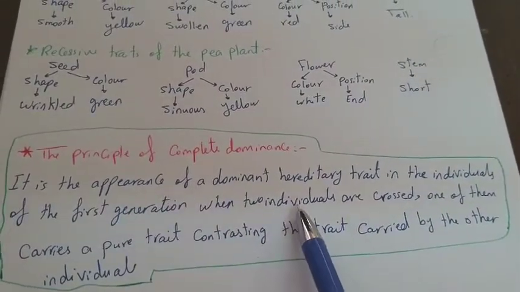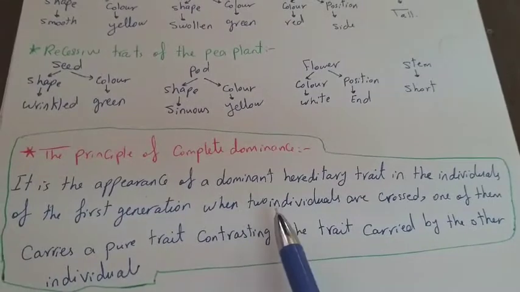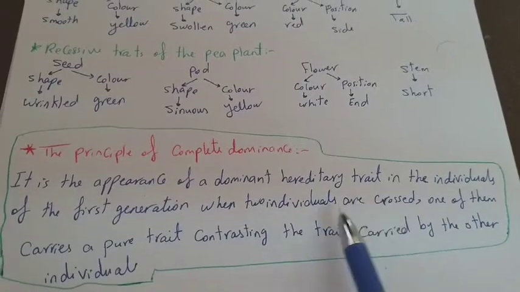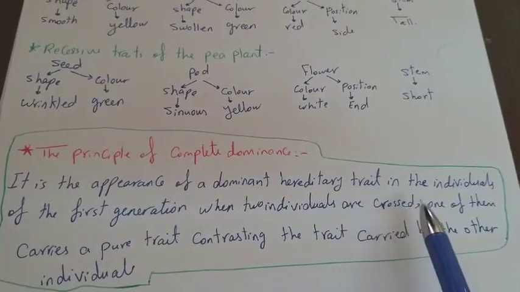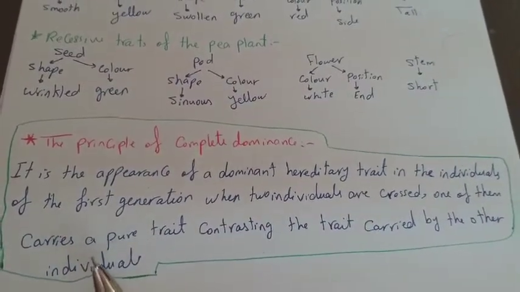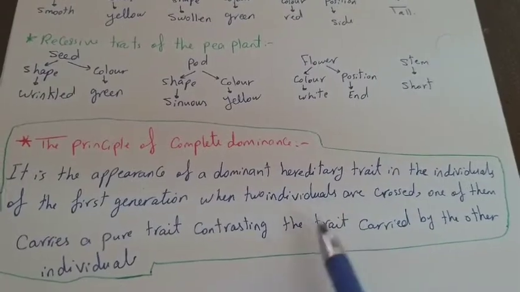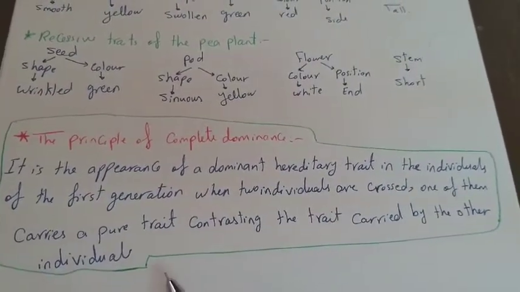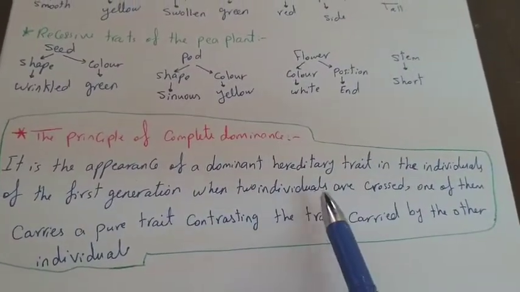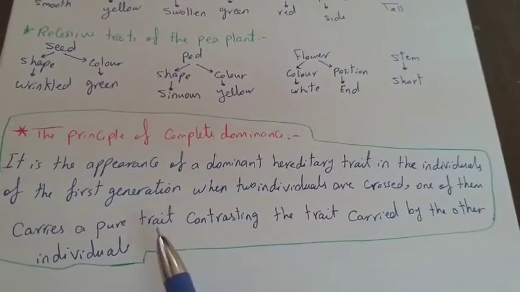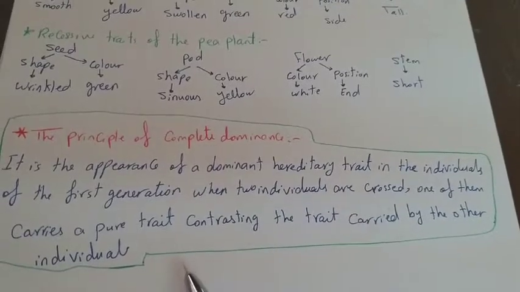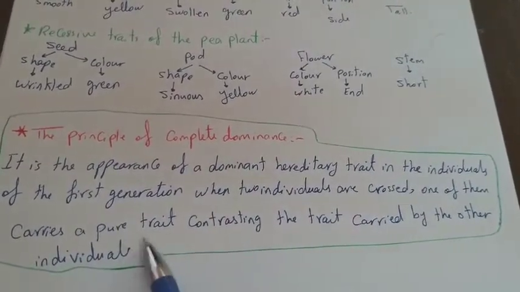When two individuals are crossed, or met together, one of them carries a pure trait like yellow color, and the other carries a pure trait contrasting to it, the green color.